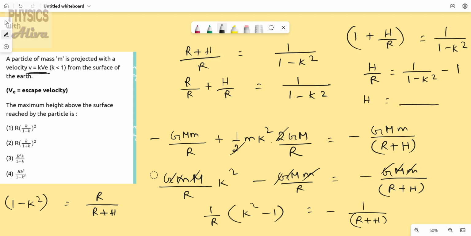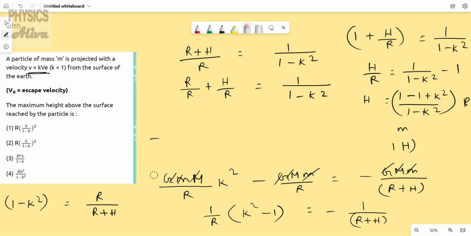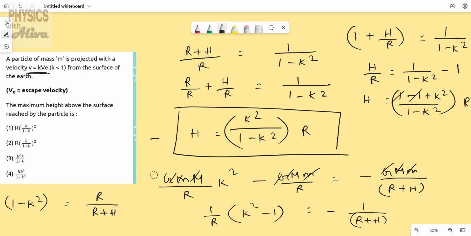So h is equal to 1 minus 1 plus k square, divided by 1 minus k square, into R. So 1 cancels out. h is equal to k square divided by 1 minus k square into R. This is the maximum height.